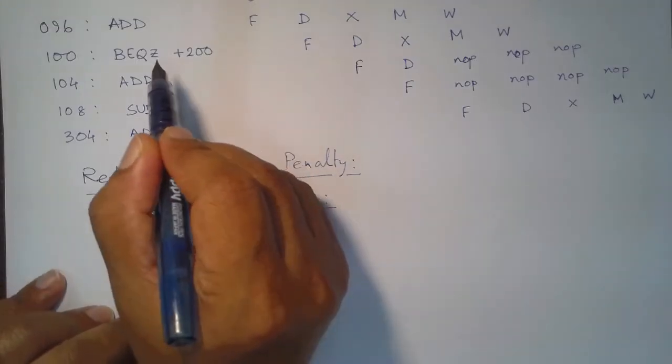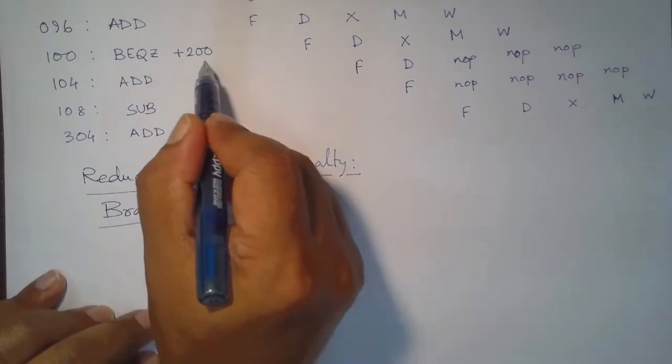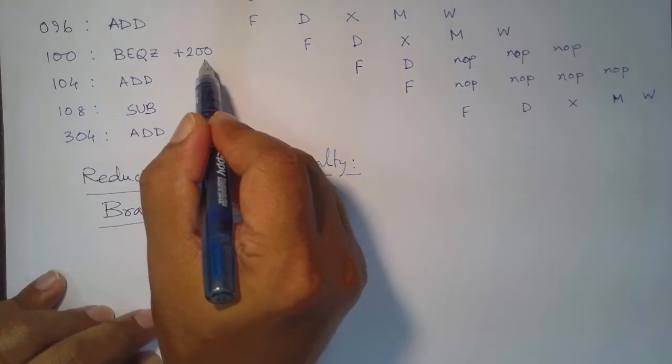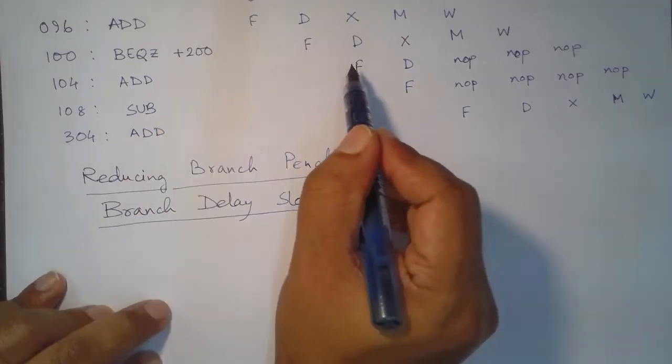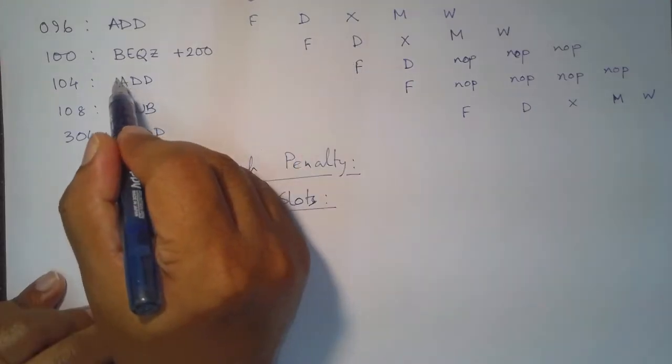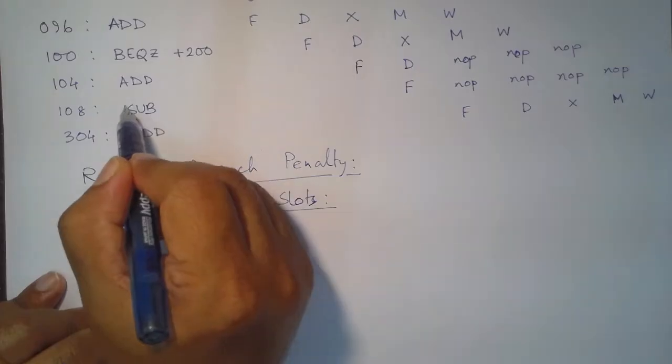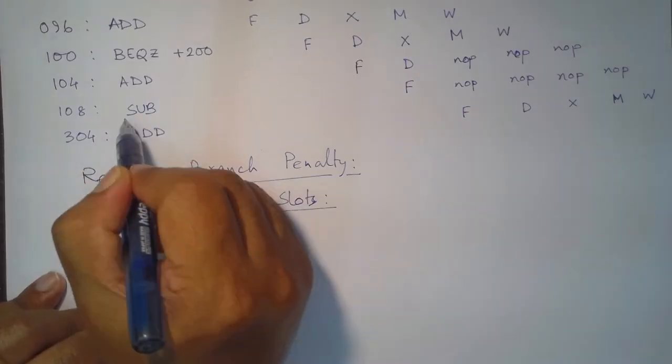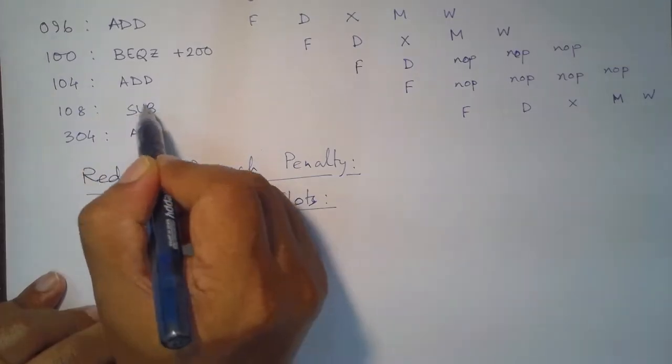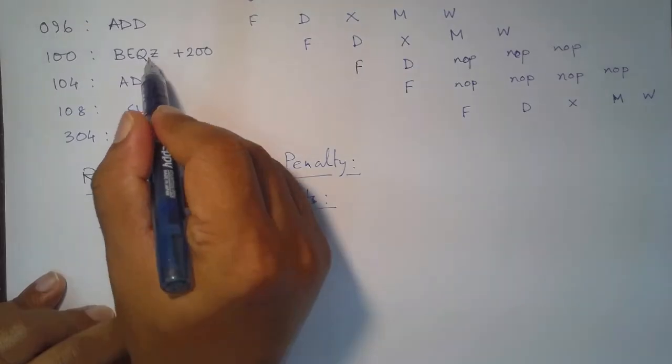So if the programmer knows that this branch will be taken, or if at the compiler level the outcome of the branch is known, then you can put some instructions in these slots which are independent of the branch outcome.